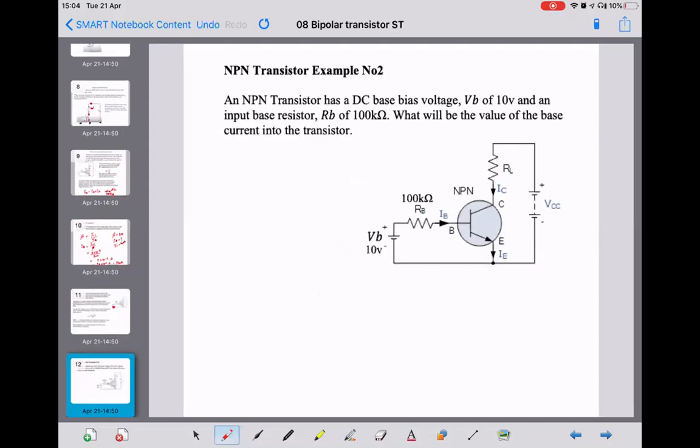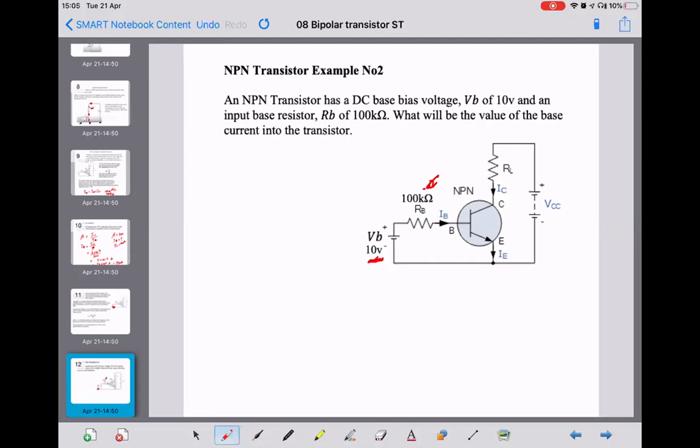So example 2. An NPN transistor has a DC base bias voltage of 10 volts. So we've got this 10 volt battery here, and the input base resistor is 100k, this one here. What will be the value of the base current into the transistor?